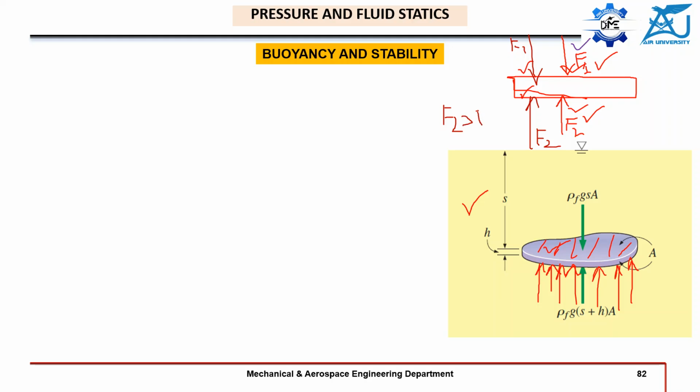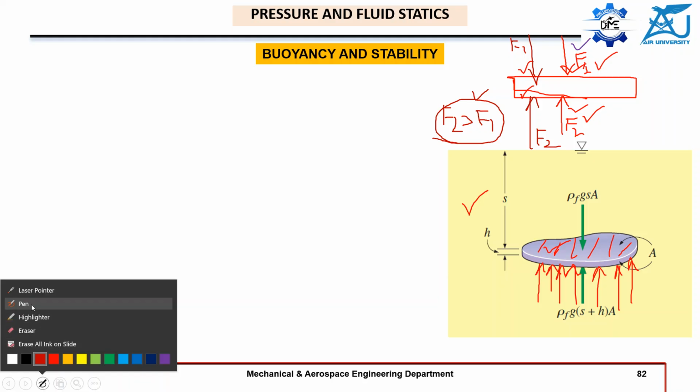This means that there will be a resultant force which will act in the upward direction. Okay, so this is that force which is known as the buoyant force. This is the force which acts on a submerged body in a fluid, and it acts opposite to the weight of the body.